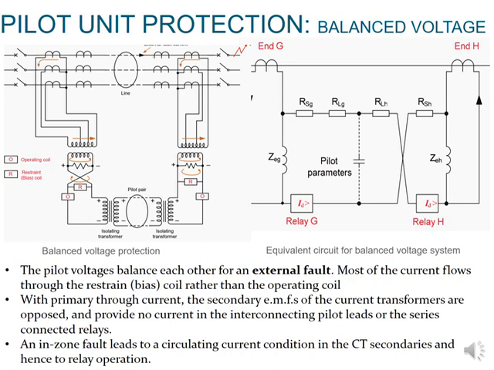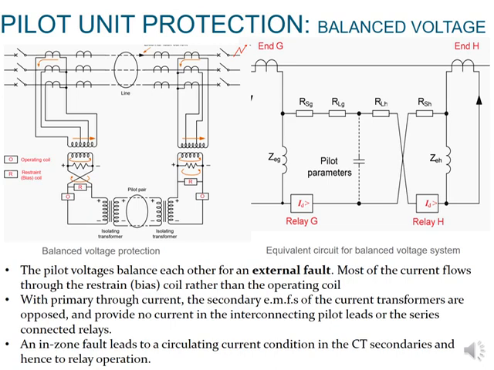So your pilot voltages are balancing each other if you have an external fault, all right? And you can see that I've put in that lightning mark on the diagram on the left hand side on top, which is outside the zone of protection.